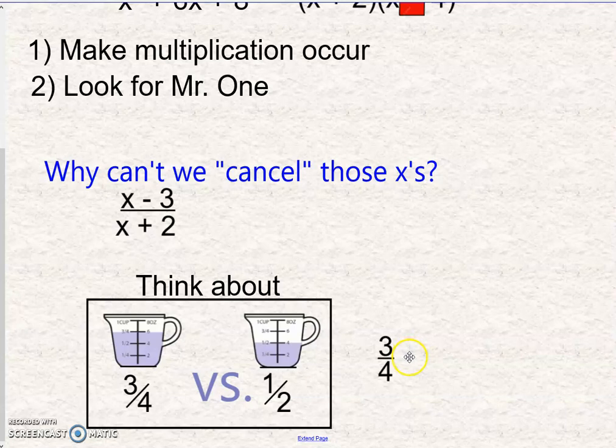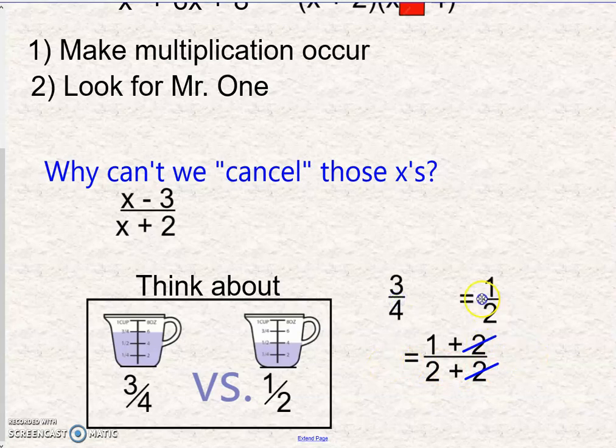If you broke apart 3/4 not by factoring, but through addition, you'd get 1 plus 2 over 2 plus 2. And if you were tempted to cancel those 2's, notice I didn't say make 1. I'm not saying make 1 because it's not multiplication. But if you cancel those 2's, you would end up with 1/2. Well, no. Is 3/4 the same as 1/2?